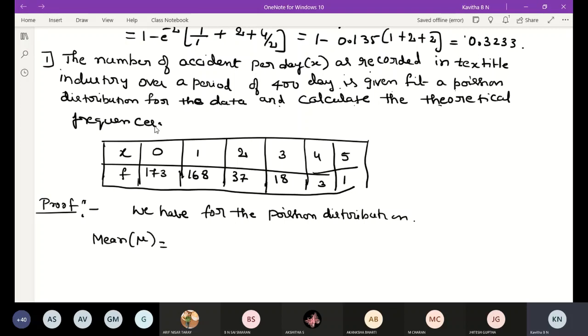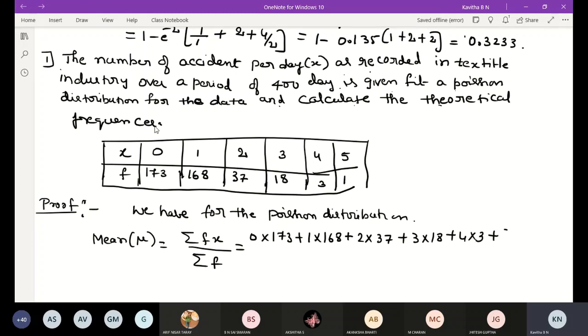Nu is equal to summation of f of x divided by summation of f. Okay, we need to find the mean. How to find it? Summation of f of x divided by summation of f: 0 into 173 plus 1 into 168 plus 2 into 37 plus 3 into 18 plus 4 into 3 plus 5 into 1.